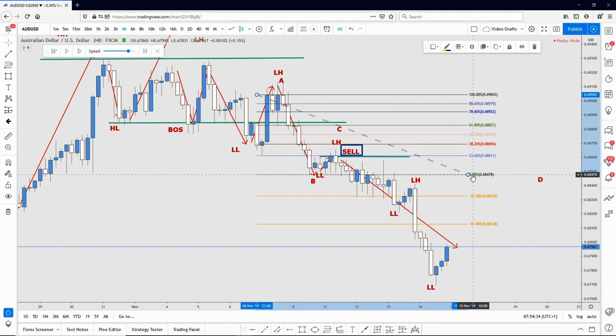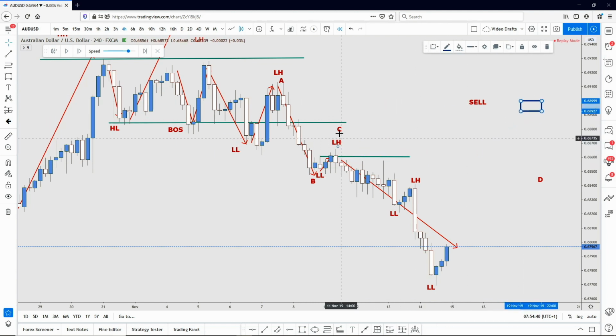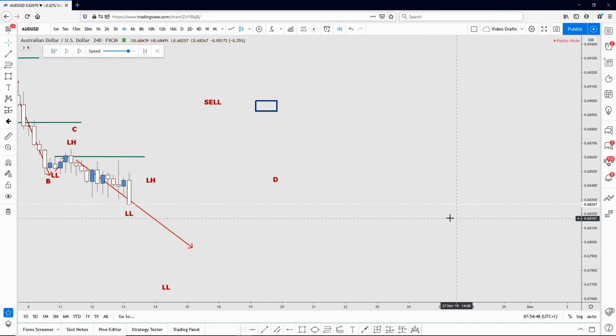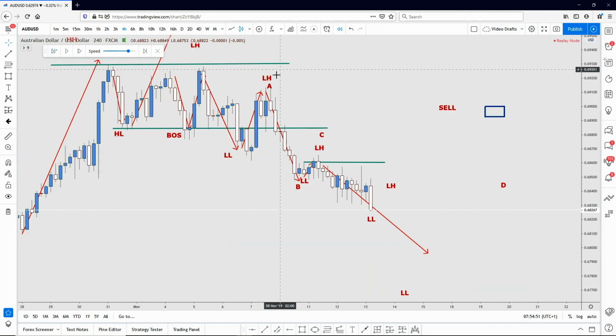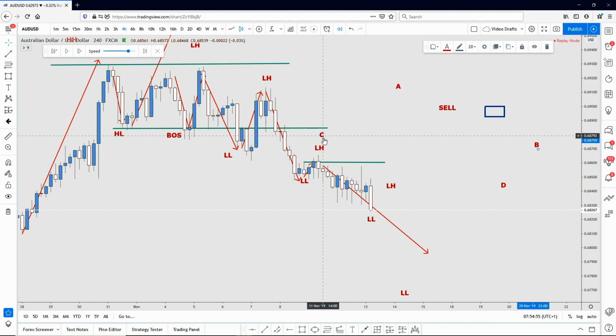And let me just delete this Fibonacci, and let's measure the next Fibonacci level. So we're down here now. Let me use a replay tool just to clear this up a bit. Okay, so this is the new impulse wave.